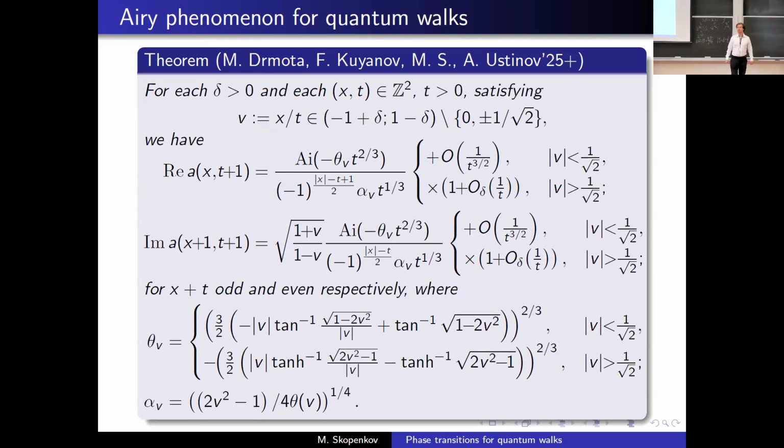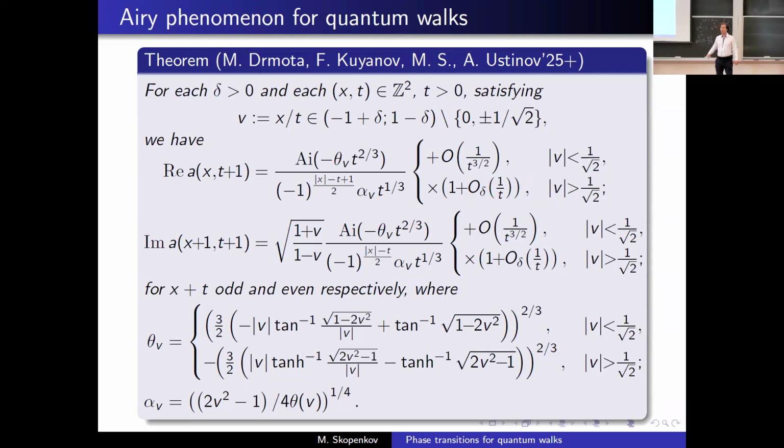Here, the main terms can be easily computed by known methods. So actually our contribution and the hardest part is to get uniform bounds for the error terms here. We see that the error term is additive for small v and multiplicative for large v.